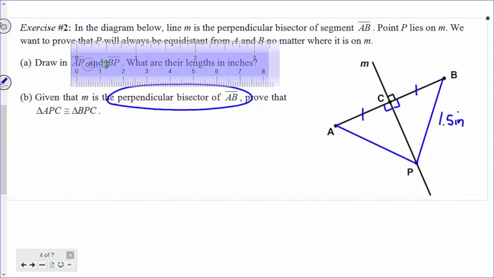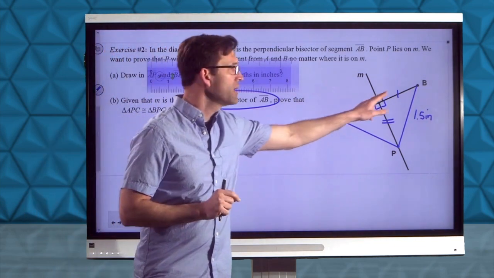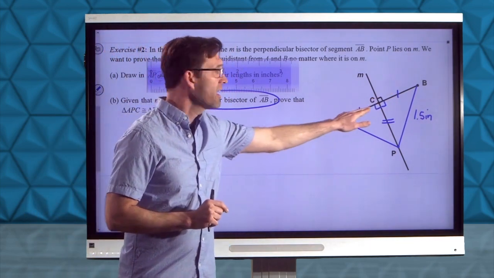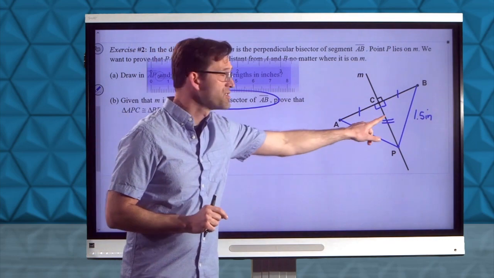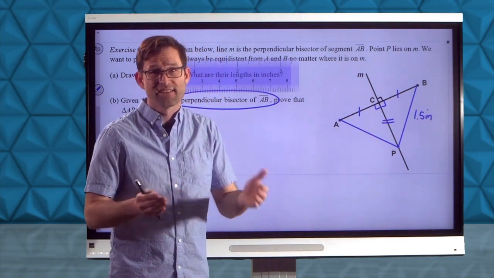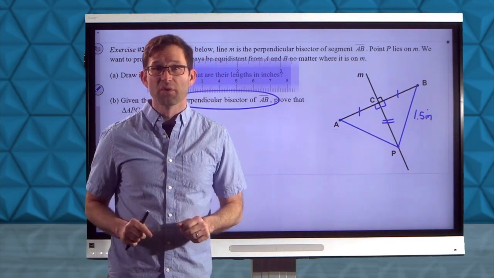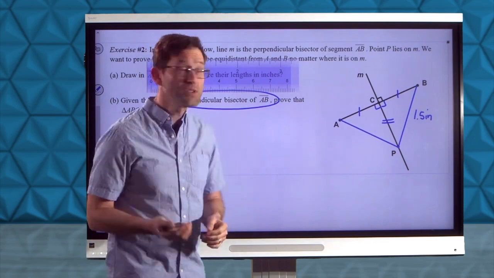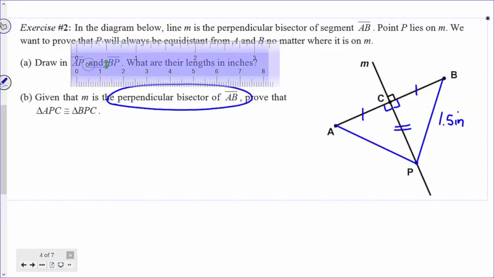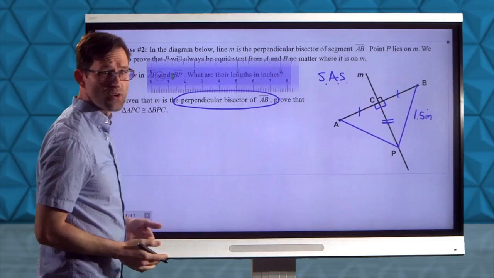Finally, we also know that the two triangles share side CP, and therefore we've got a side equal to a side, an angle equal to an angle, and another side equal to a side. Of course, that side equal to a side is equal to itself. So do you notice what we're going to be using now is side, angle, side. We essentially have done the proof, we just need to write it out.